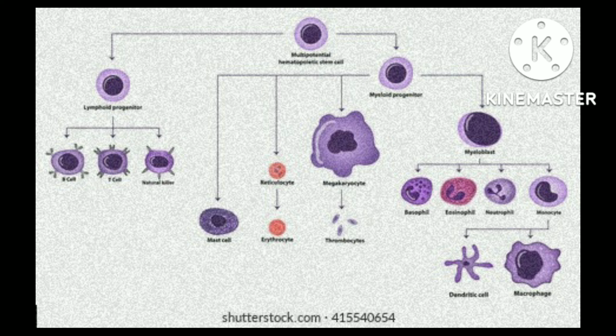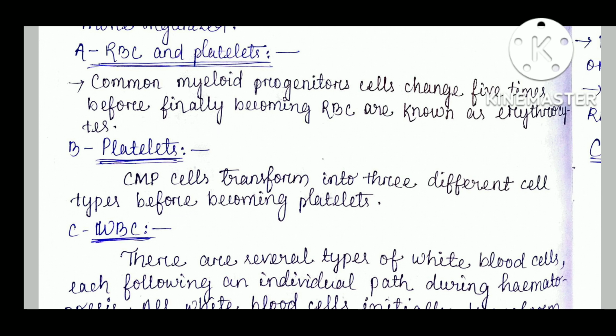Common myeloid progenitor cells change 5 times before finally becoming RBCs, known as erythrocytes. Platelets: CMP cells transform into 3 different cell types before becoming platelets.